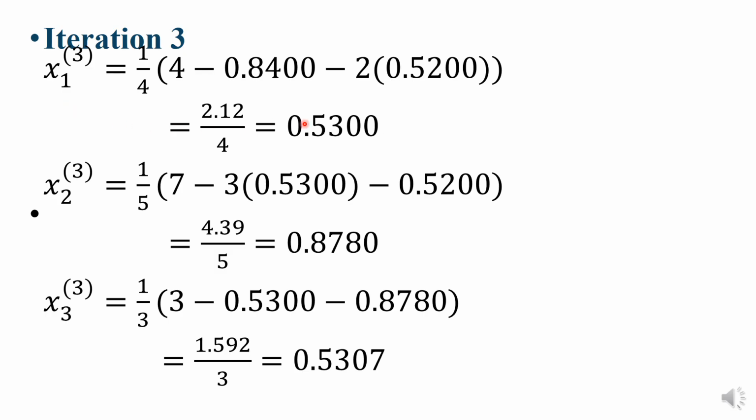Now we get x3 in the third iteration. If we have found x1 and x2, we put these values, x1, and you can see here x2 is given. We put these values. After putting these values, we simplify, then we get 1.592 divided by 3 equals 0.5307.